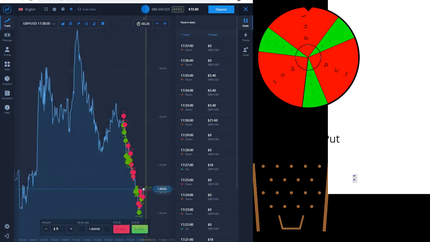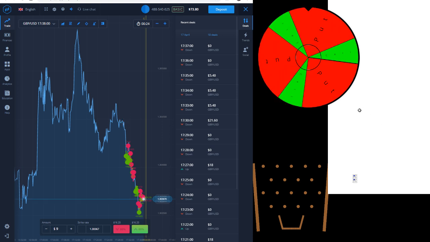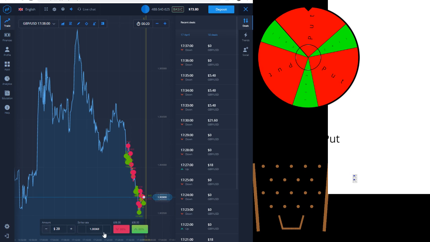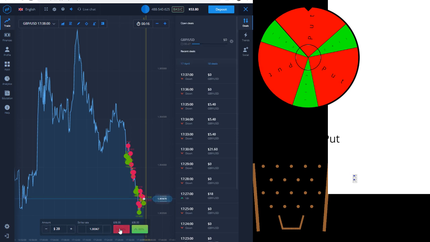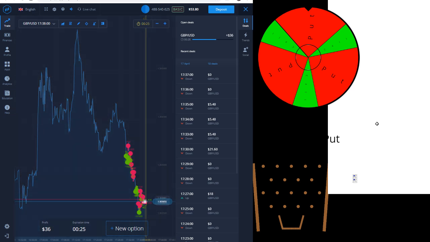Okay, we almost got that, almost. So now it's going to be $20, we know that. So again a put. This is the second last try before the account is blown up, and if that happens, we are finished for the session. But the likelihood for something to be wrong consecutively, it's about 7-8 times it takes.